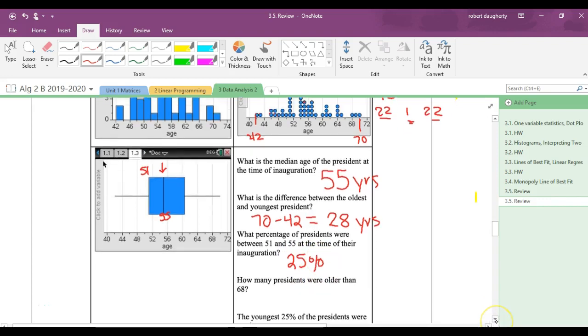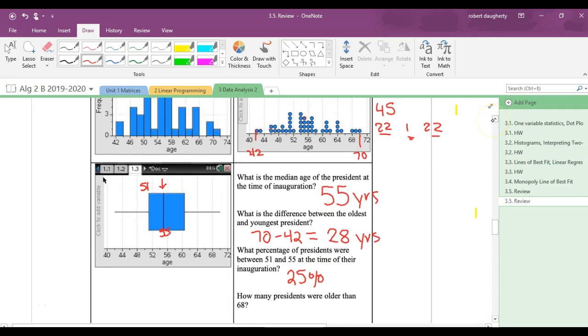How many presidents were older than 68, okay? So if I look at 68, which is right here, it looks like I've got 2 presidents that are older than 68. And you could also get this off of the histogram. Yeah, so the histogram right here, this value corresponds to 2, okay?